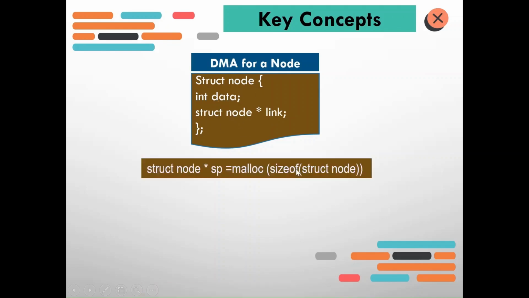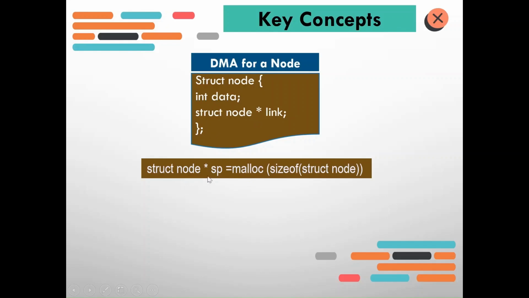So if we write malloc, the memory allocation is being done of the size of struct node. What is the struct node size? 4 bytes, as we just discussed. So malloc of 4 means allocation of 4 bytes should be done, and the starting address would be stored at sp, which is a pointer variable of the type struct node.